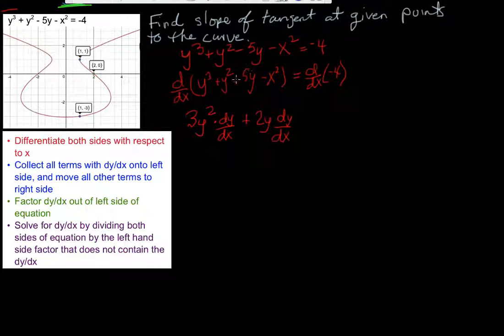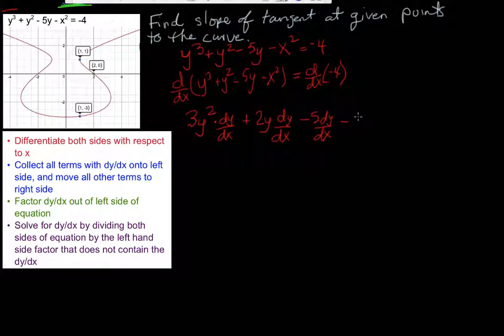Minus, again using the power rule with -5y, that gives us -5 dy/dx. Minus, now we do the power rule with x squared, and because we're taking the derivative with respect to x, we don't need to include the dx/dx.